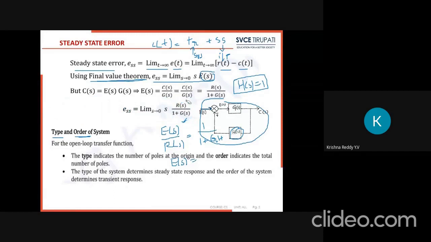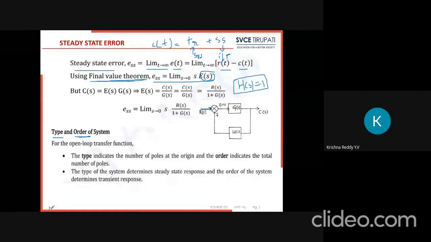Suppose we have one system like 10 divided by s square into s plus 2 into s plus 4. In that case, what is the type and what is the order? And consider one system, 10 divided by s square into s plus 4 into s plus 2. What is the type and the order for the given system?